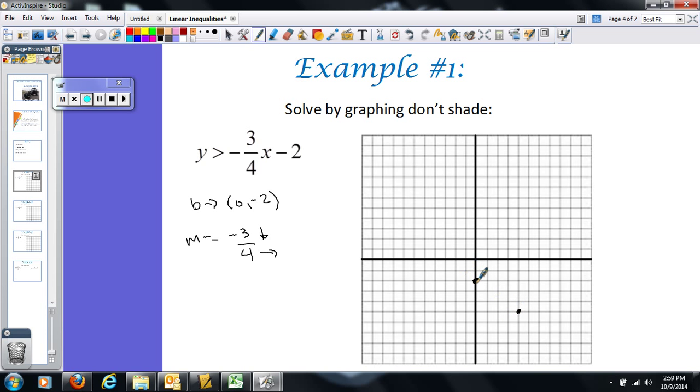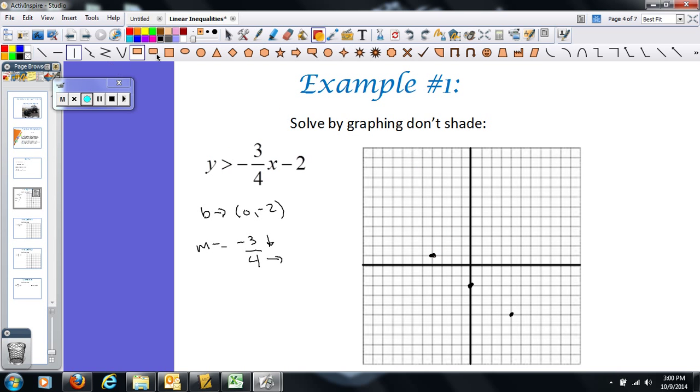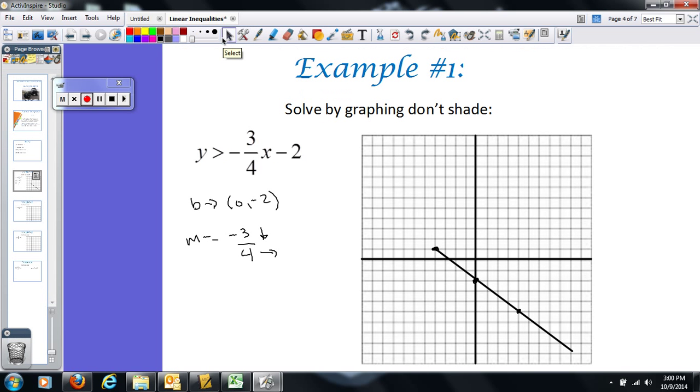I'm not going to do another one down there. I'm actually going to go backwards now. So I'm going to go up 3, 1, 2, 3, left 4, 1, 2, 3, 4. Put another point. And now I am actually going to graph my line. And I'm going to cheat a little bit here. Okay. So the first thing we need to determine after we find this is, do we use a solid line or a dotted line?